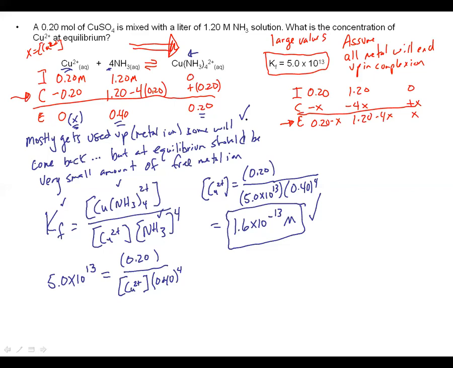But technically speaking, if you go out like 12 or 13 decimal places, there is a little bit of it coming back, which is pretty much thought of as none. And that's why, if you have a situation where we want to make a complex ion, that is definitely favored because of these large values of K.